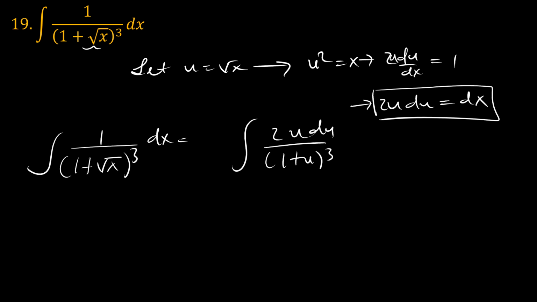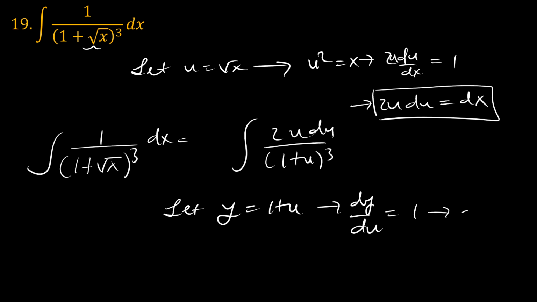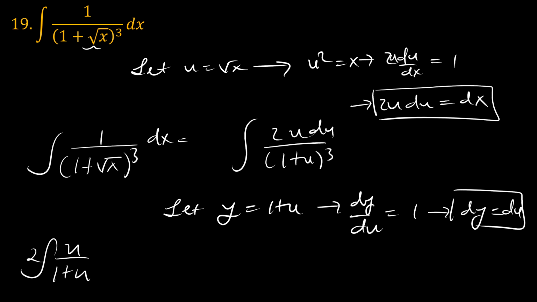And we could also say let y be equal to 1 plus u such that dy du is equal to 1, meaning that we can substitute for du with dy, so that our problem becomes 2 times an integral in y.